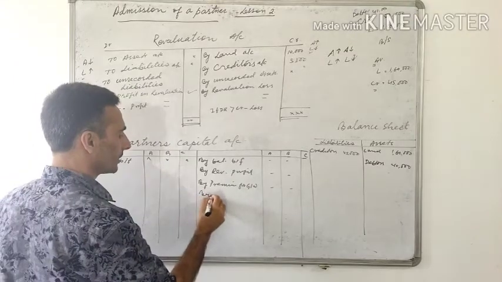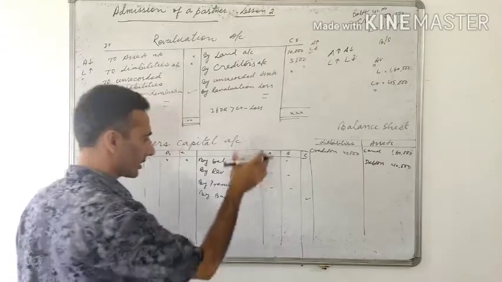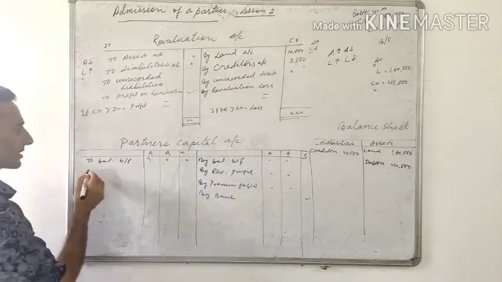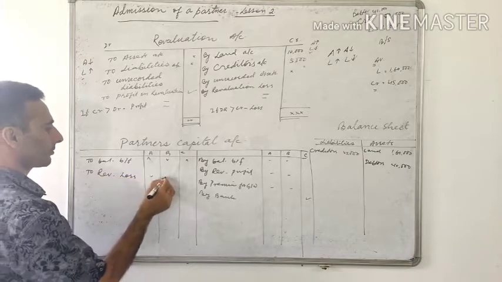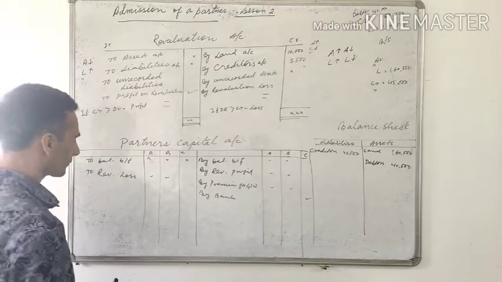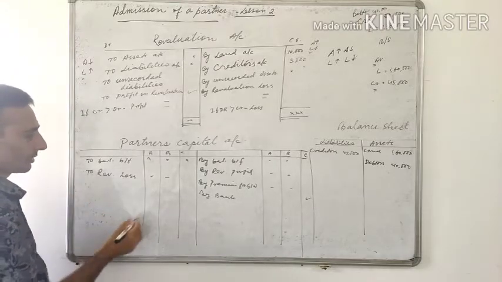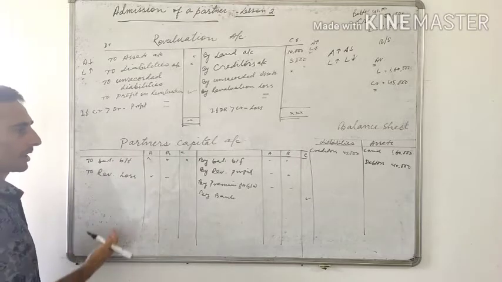Then there may be the capital brought by the new partner, and so on. Then on this side you will have revaluation loss by all partners. So there may be many other things we need to consider to prepare the partners capital account.